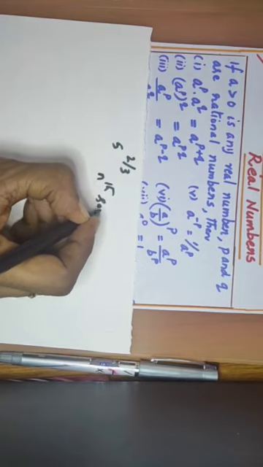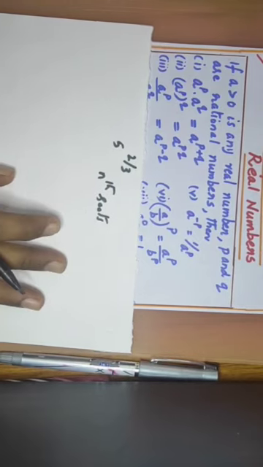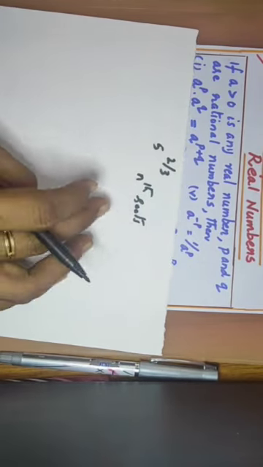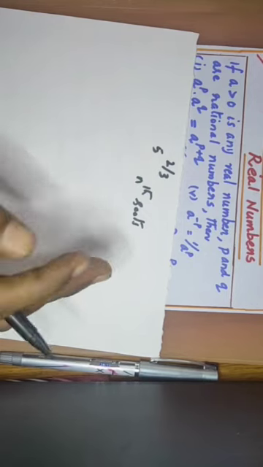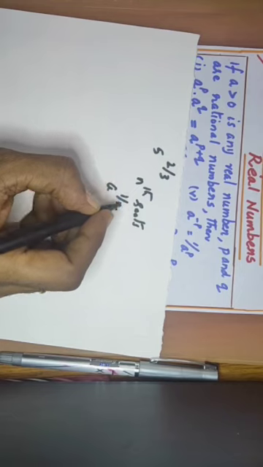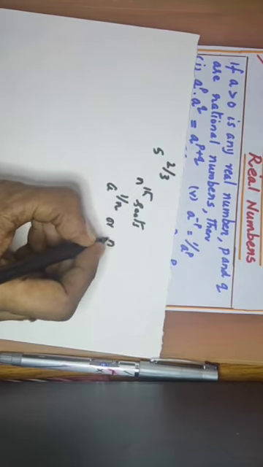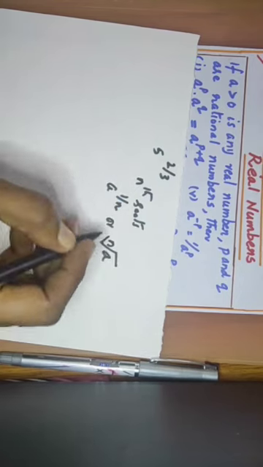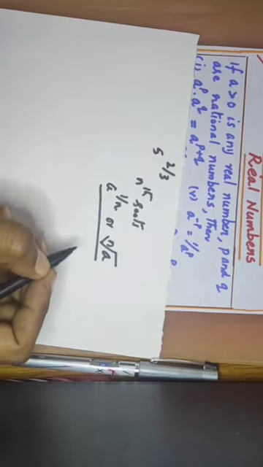Nth roots of numbers. They can be represented like this, that is a raised to 1 by n, or nth root of a. Very important concept.